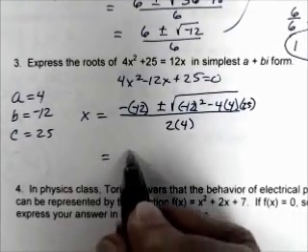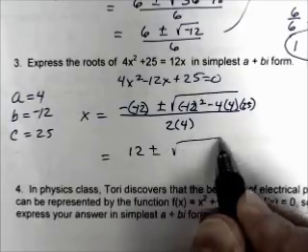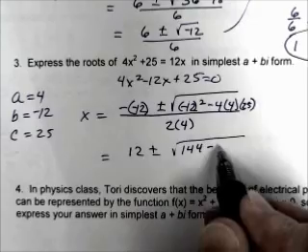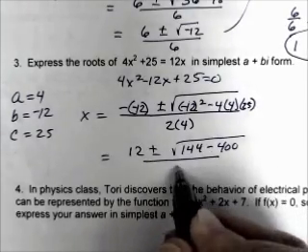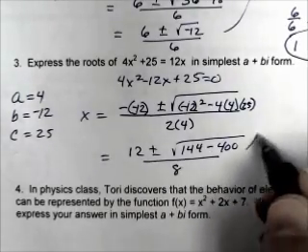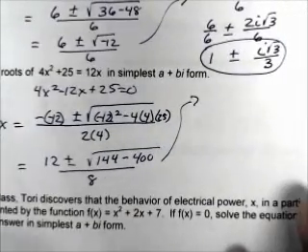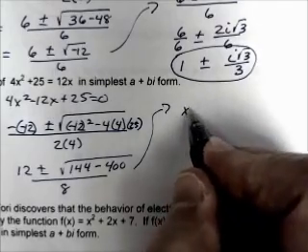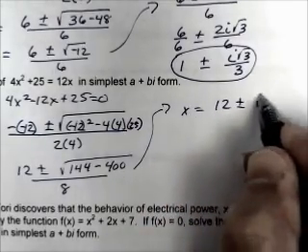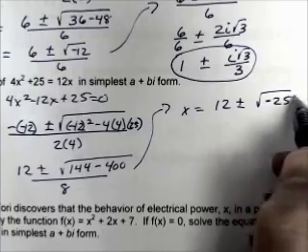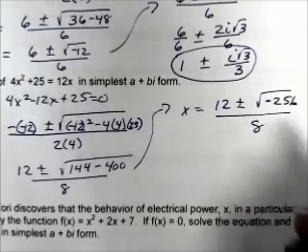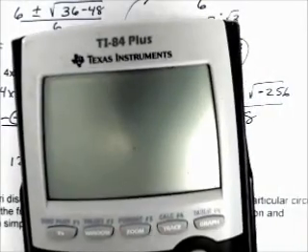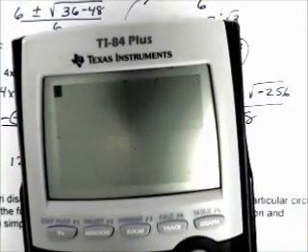Double negative again is going to be positive. That's 144 minus 400. That's negative 256, all divided by 8. And 256 is a perfect square.